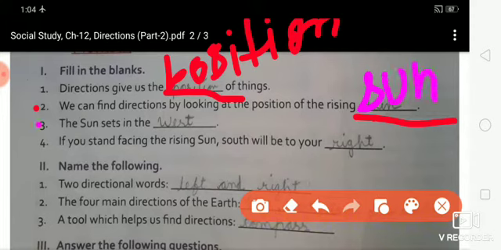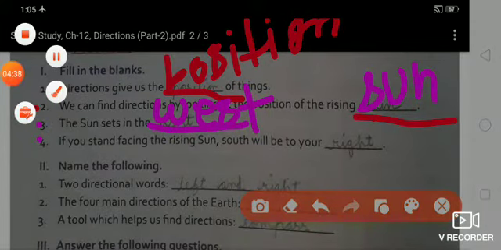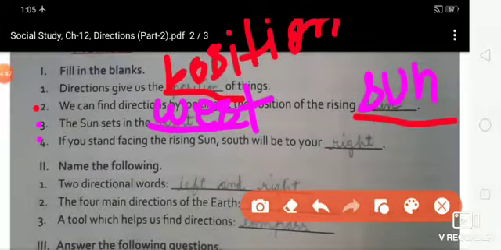Now third one: the sun sets in the blank. The sun sets in the west, W-E-S-T, west. Now fourth one: if you stand facing the rising sun, south will be to your blank.